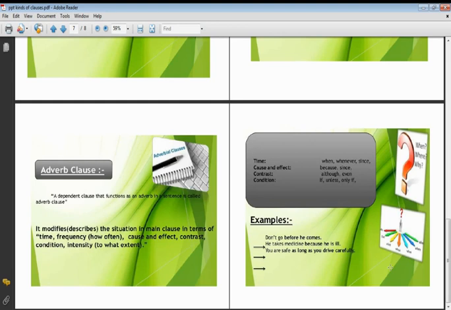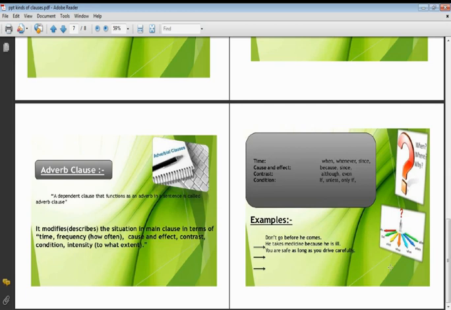"He takes medicine because he is ill." "You are safe as long as you drive carefully." All these clauses are telling us about different situations or different reasons for the action. So they are all related to the action in the sentence. This is the reason that we call them adverb clauses.